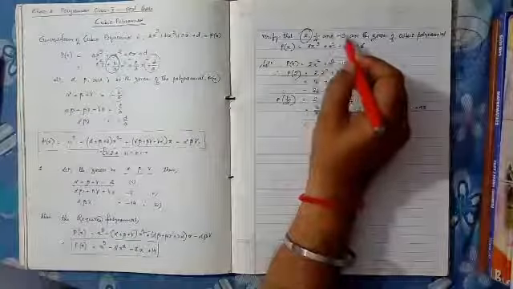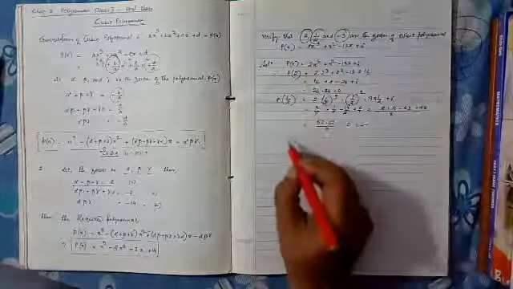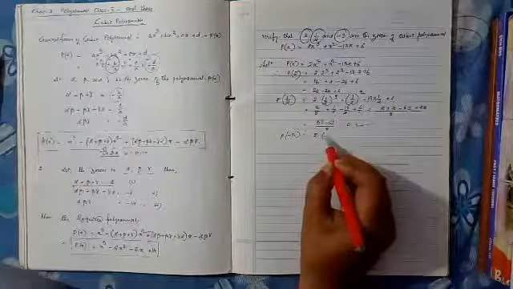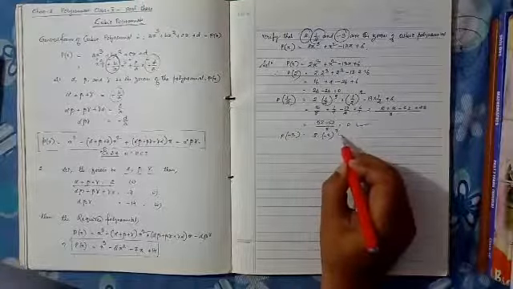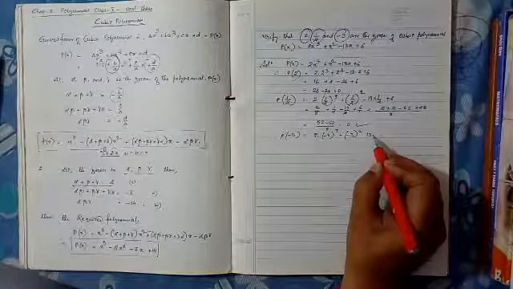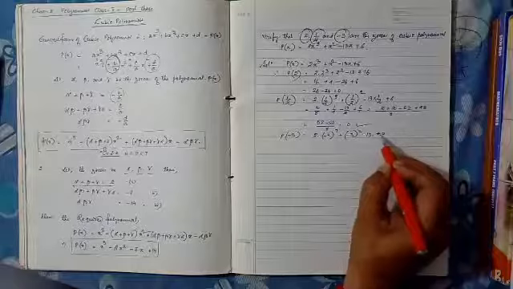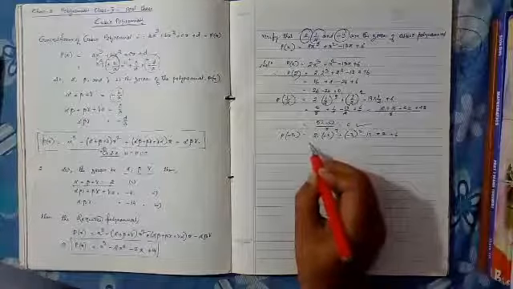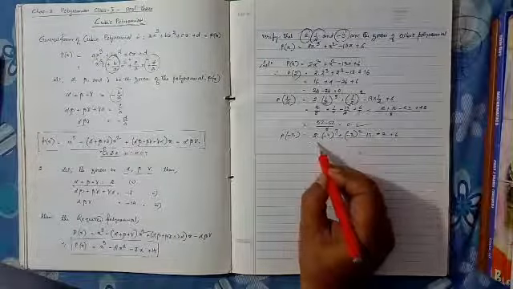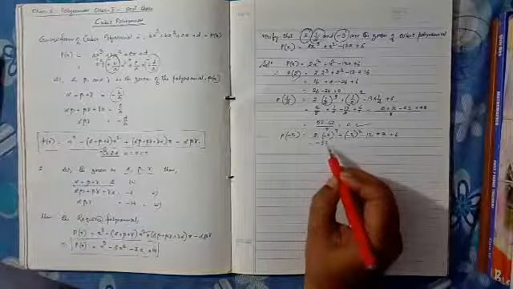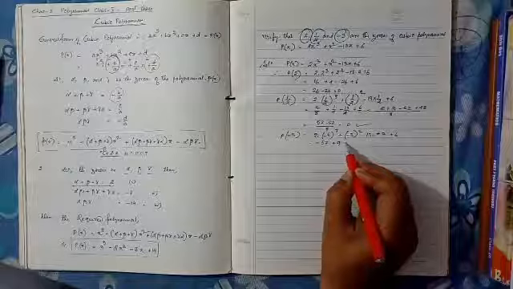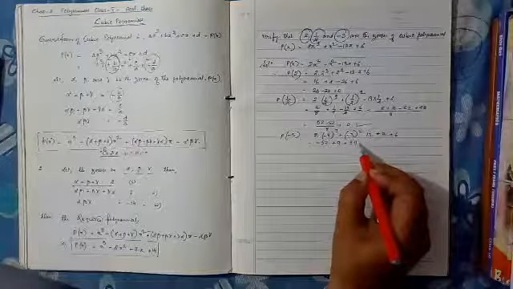Now minus 3. So P of minus 3 is equal to 2 into minus 3 whole cube plus minus 3 square minus 13 into minus 3 plus 6. That is equal to minus 27 into 2, minus 54. Then plus 9. Then minus minus plus 39. Then plus 6.